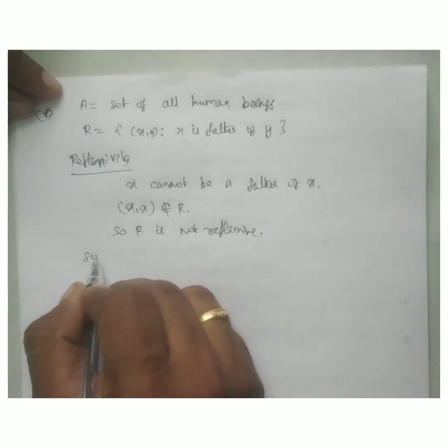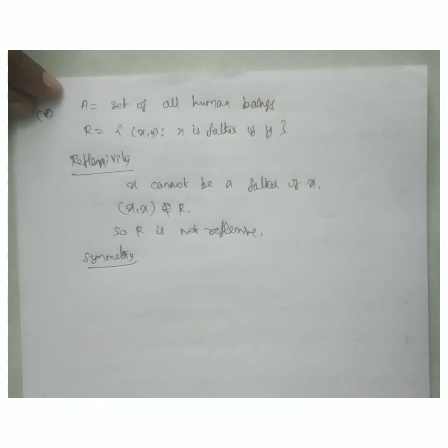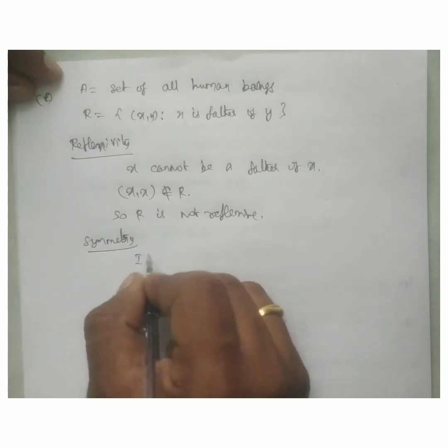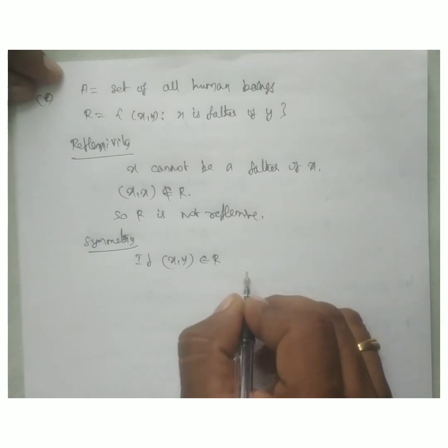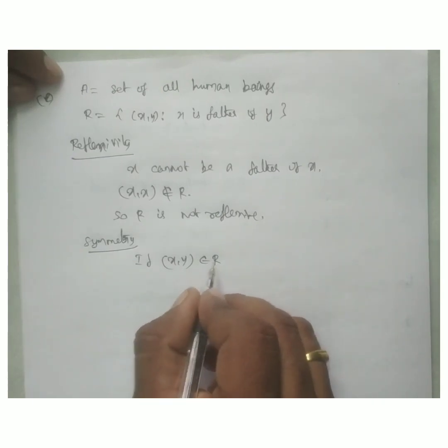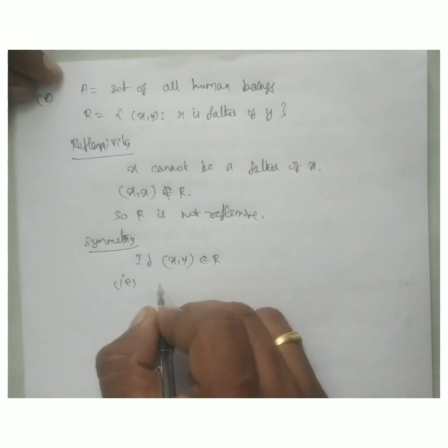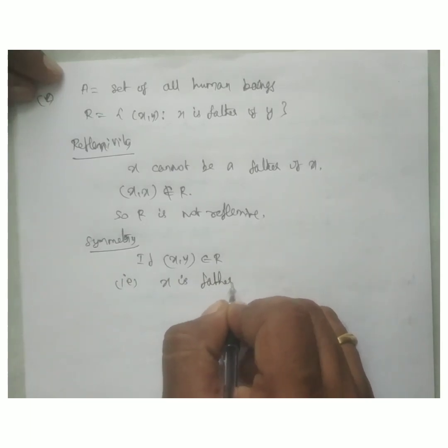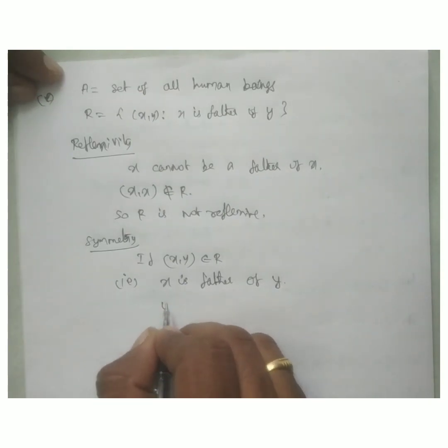Next, check the symmetry. What is the symmetry definition? If (X, Y) belongs to R, then (Y, X) also should be in the relation. Here, X is father of Y. If we reverse it, what will happen?